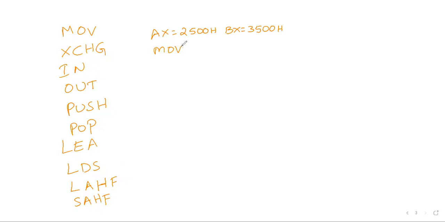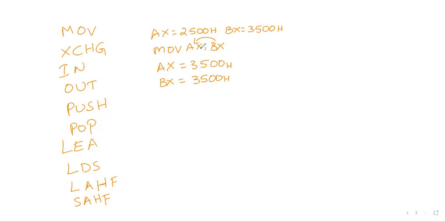Now MOV AX, BX. After execution, BX register contents are transferred to AX. So the AX register becomes 3500 hexadecimal, and the BX register contents remain the same, 3500 hexa. BX contents are just copied into AX, but BX remains the same.